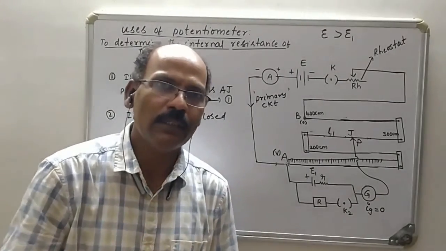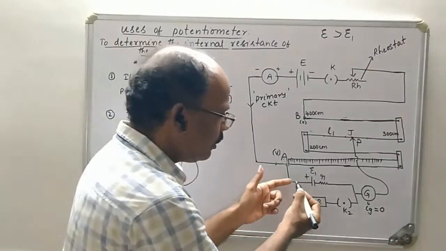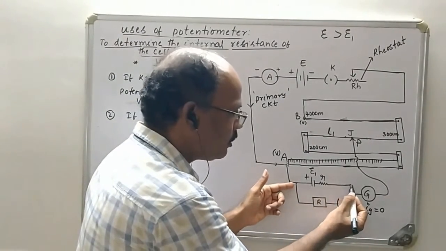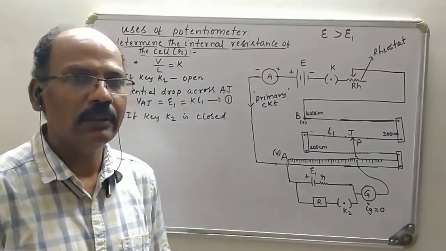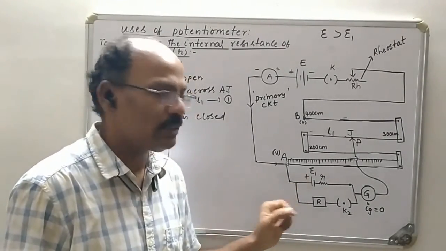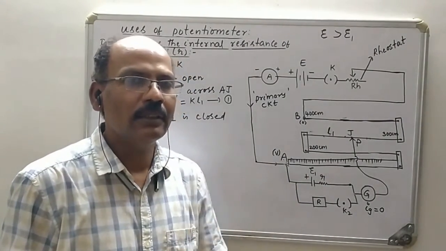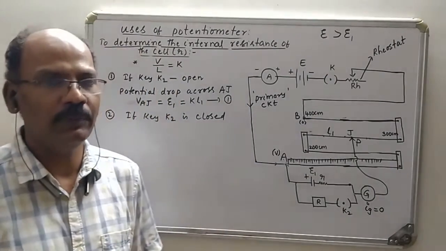What is the terminal potential difference? The potential difference across the ends of the terminals of the given cell when the circuit is closed, or if the circuit draws current from the cell, such potential difference is called the terminal potential difference.